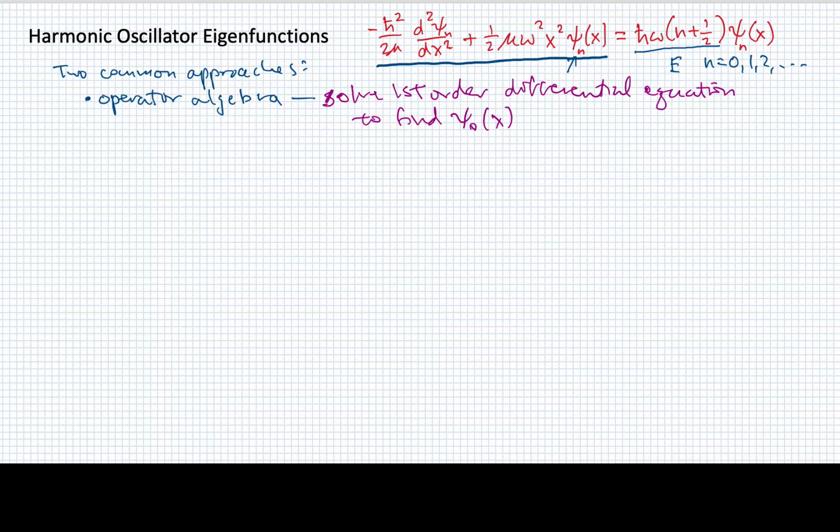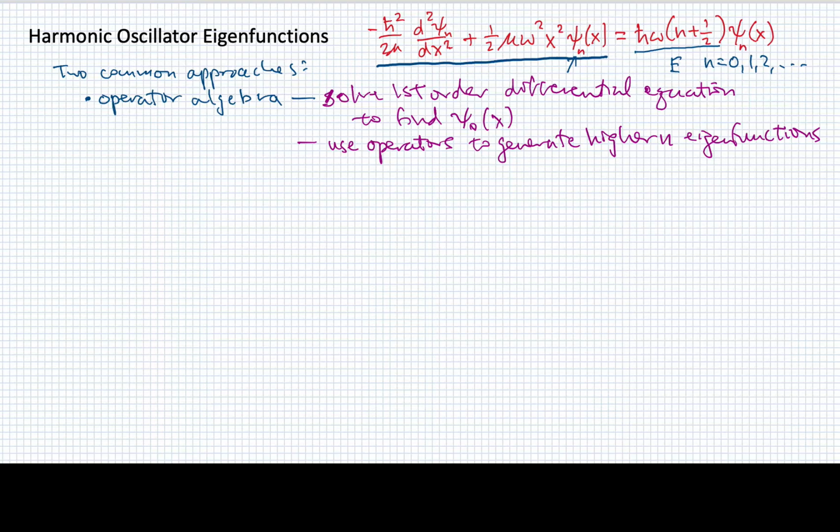And then once you have found psi 0, you would then use operators on psi 0 to generate higher eigenfunctions. I'll say higher n eigenfunctions.